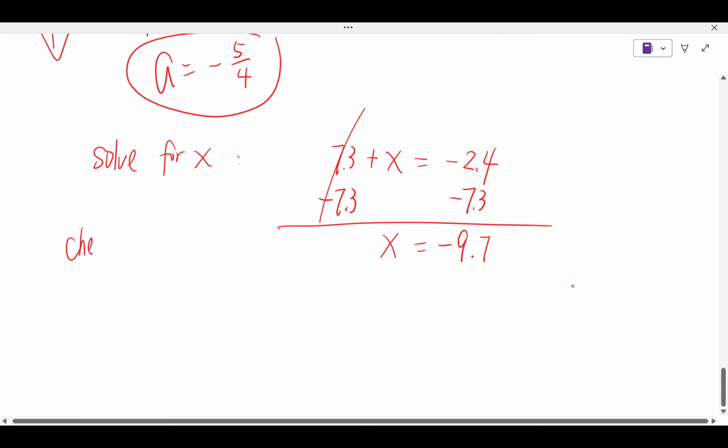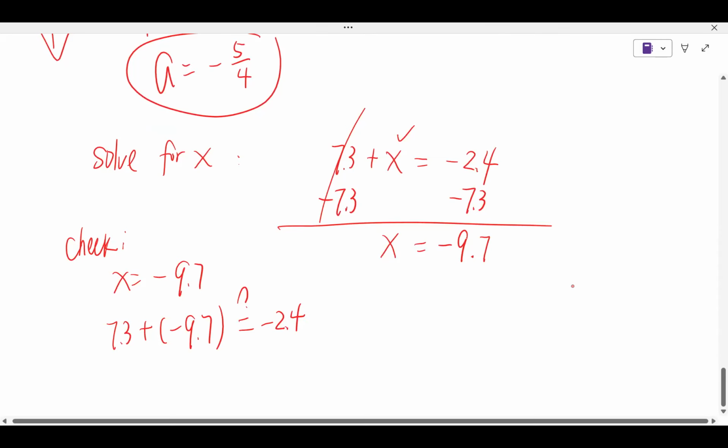Now if you check it, you're going to plug x equal to -9.7 into the equation, so 7.3 plus x, minus 9.7. We don't know yet, -2.4.